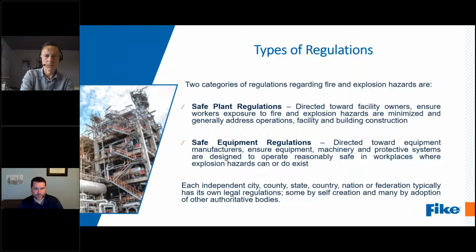Then you've got the safe equipment regulations that are directed towards the equipment manufacturers to ensure the equipment, machinery, and protective systems are designed to operate reasonably safely in workplaces where explosion hazards can or do exist. So the predominant focus for this presentation is on the safe plant side. Safe equipment comes in a little bit for the risk assessment for ensuring that the equipment's correct, but otherwise we're not going into a significant amount of detail on that side.